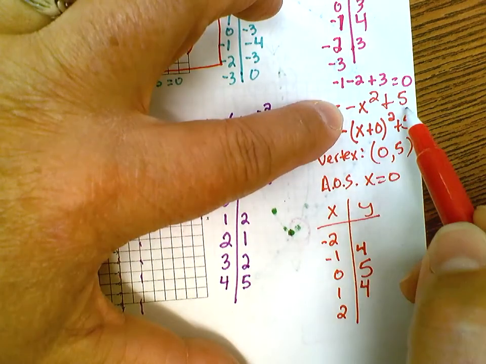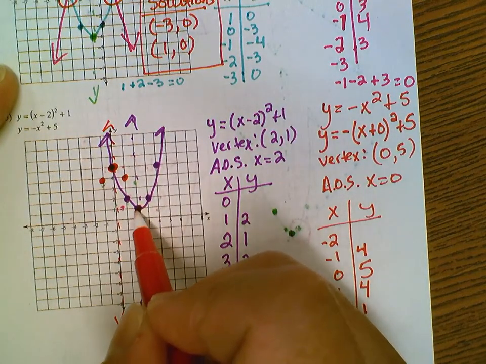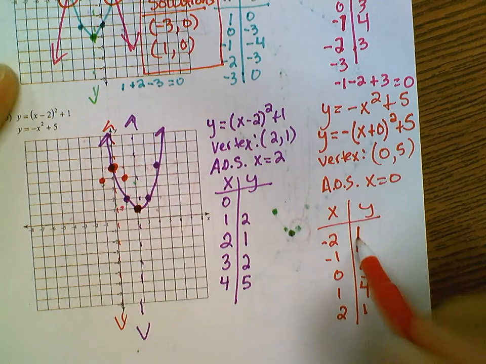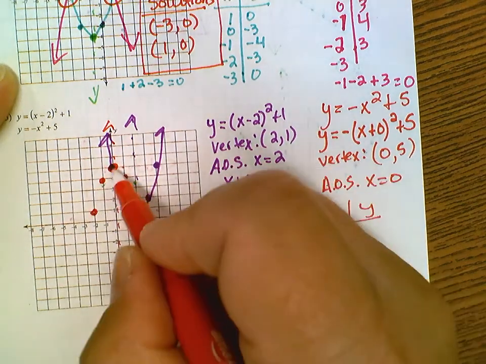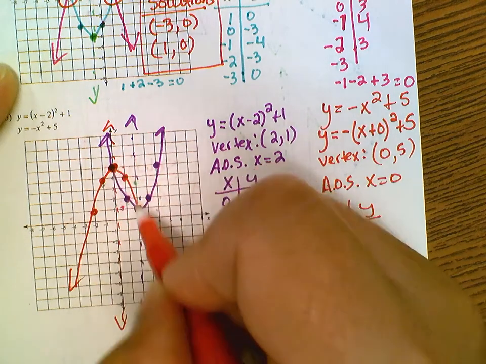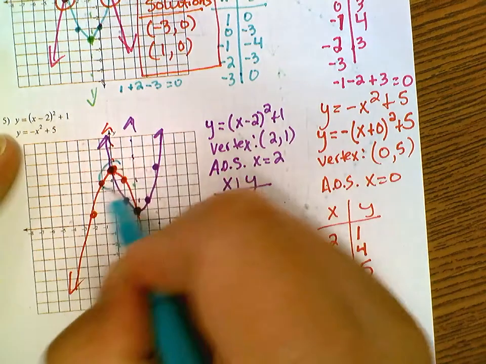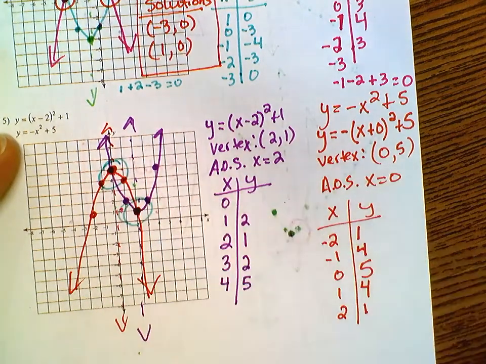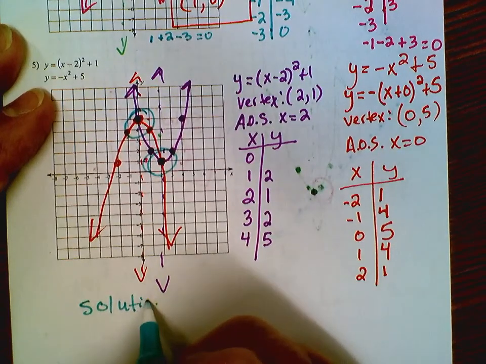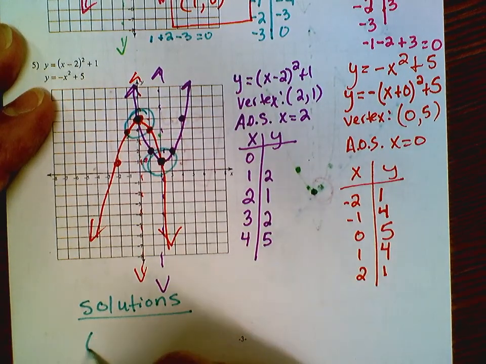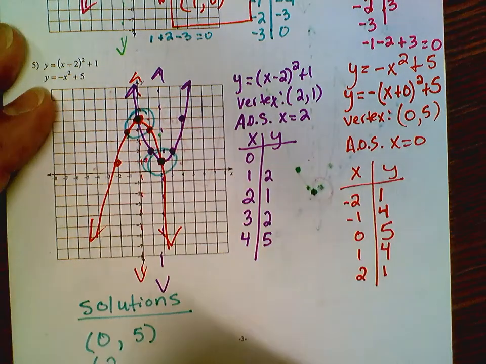So that's negative 4 plus 5 is 1. 2, 1, and there's where it goes. Right there. 2, 1, and 2 spaces over is negative 2, 1. So if I graph this parabola, I will see I have an intersection here and an intersection here. So my solutions are 0, 5, and 2, 1.